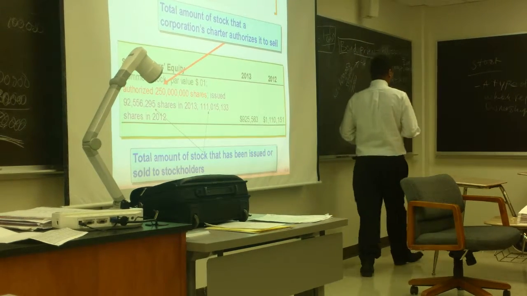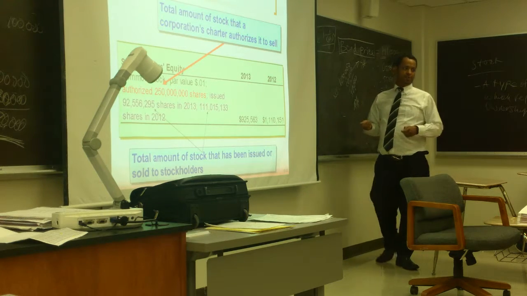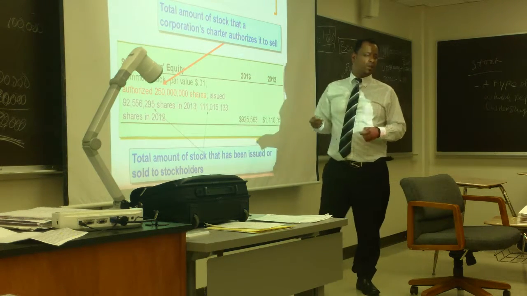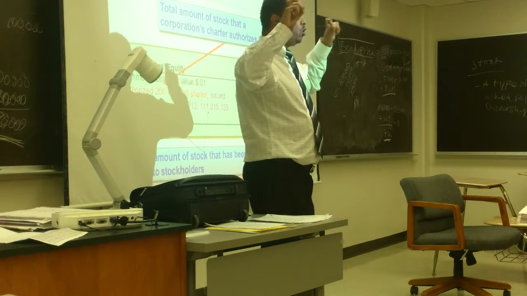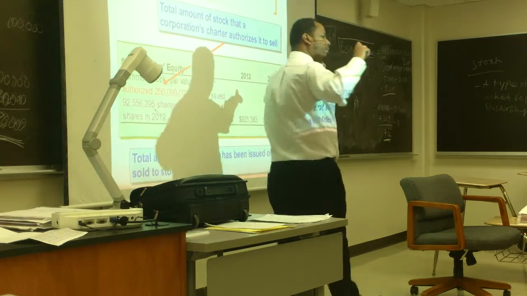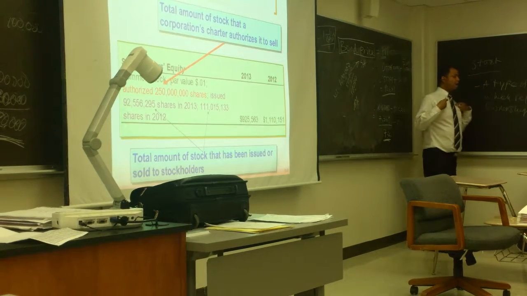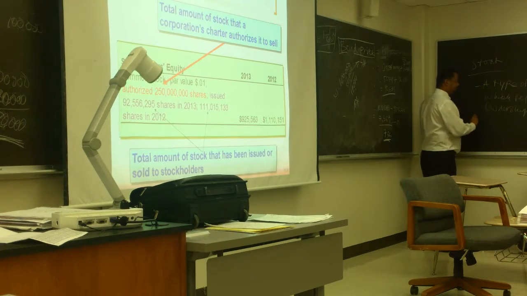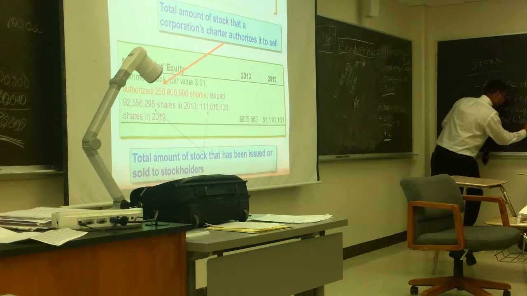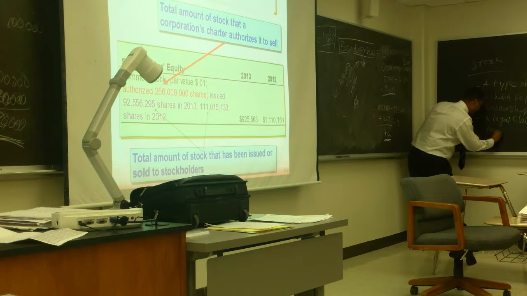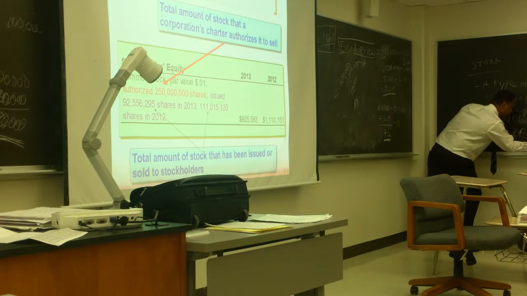So a stock is a type of security which represents ownership of a corporation, or it can represent a legal claim on the corporation's assets or profits or earnings. By acquiring a stock, you will have a legal claim over the assets and earnings of a corporation.